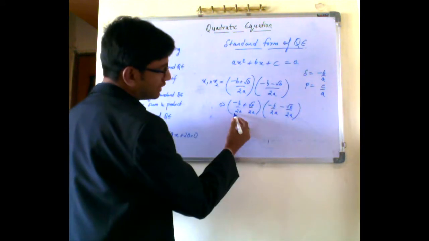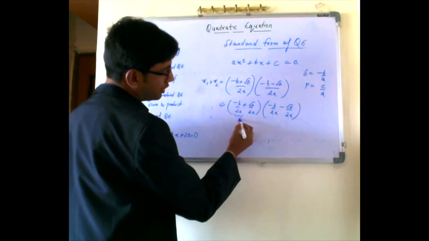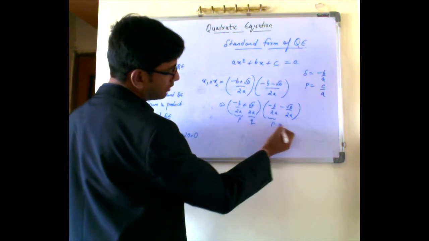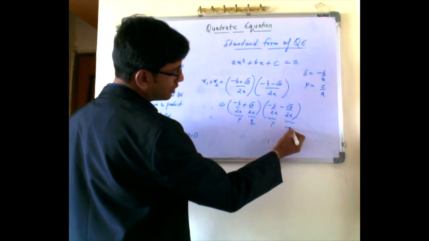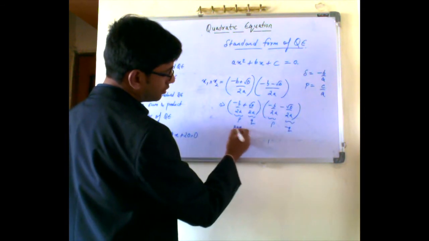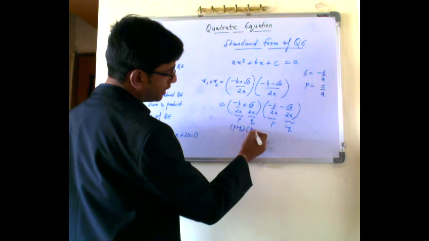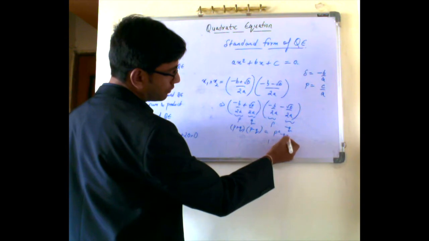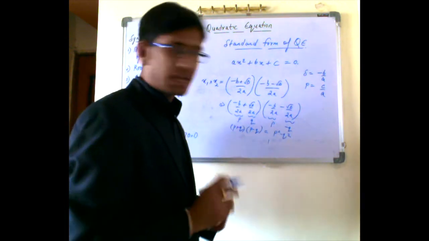So fairly you can see, if I take this as p and this as q, this becomes p again, this becomes minus q. Okay, so it's of the form p plus q multiplied by p minus q. We know, guys, this is p square minus q square. So I'll directly pick up this formula and use it here.